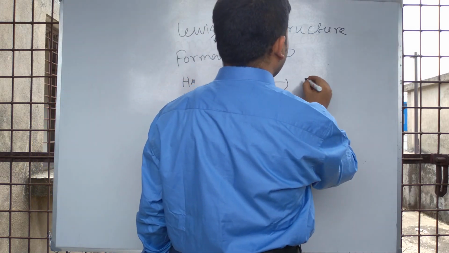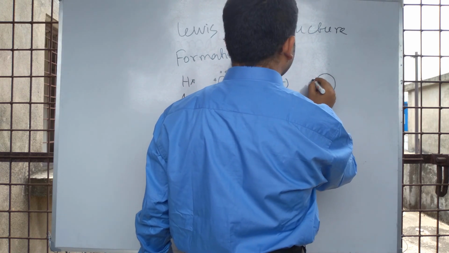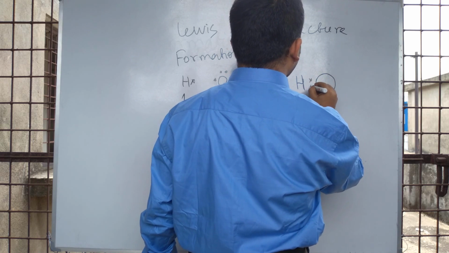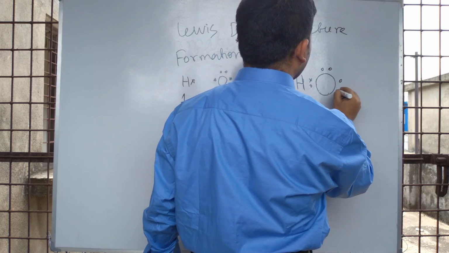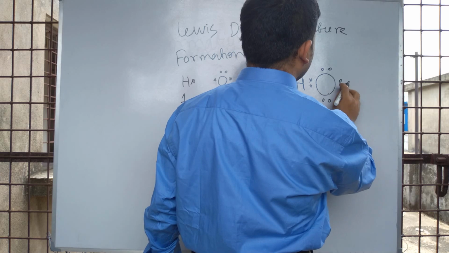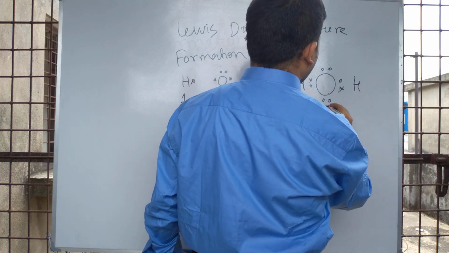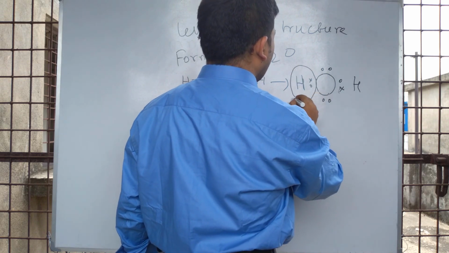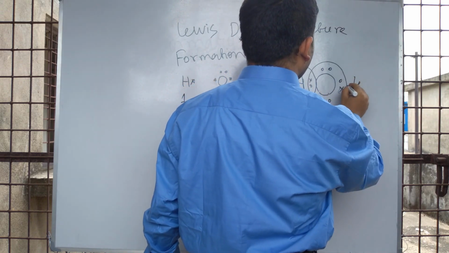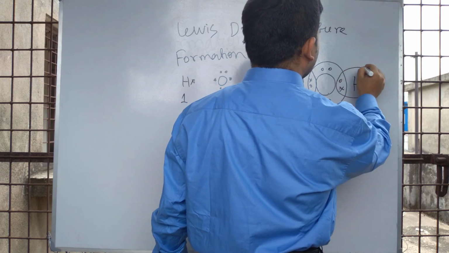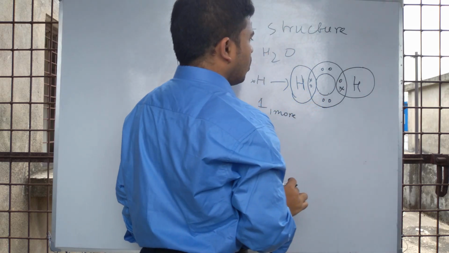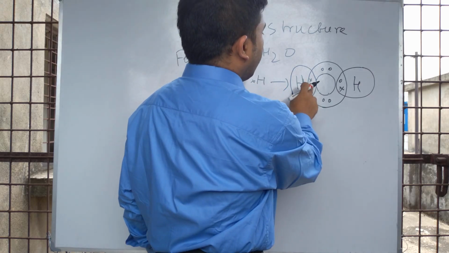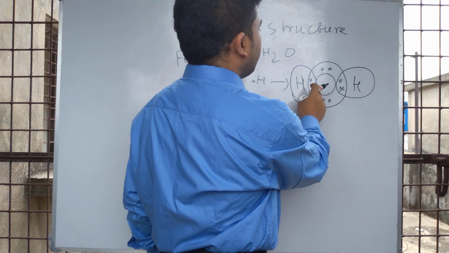So in this case, oxygen and hydrogen share their electron pair and form covalent bonding. Look here, this cross electron is for hydrogen and this dot electron is for oxygen.